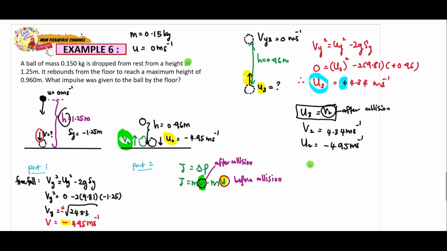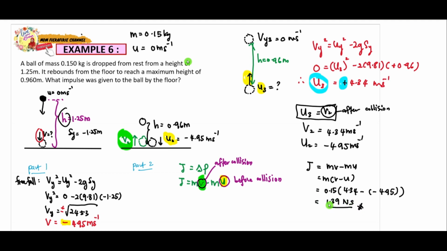Finally, I can find the impulse, okay, given to the ball by the floor, which is mV minus mU. Okay, kita boleh factorizekan mass. So, m 0.15. V dia berapa tadi? V2 tadilah. Okay, 4.34 minus negative 4.95. Okay, so kita akan dapat jawapan kita is positive 1.39 Newton second.